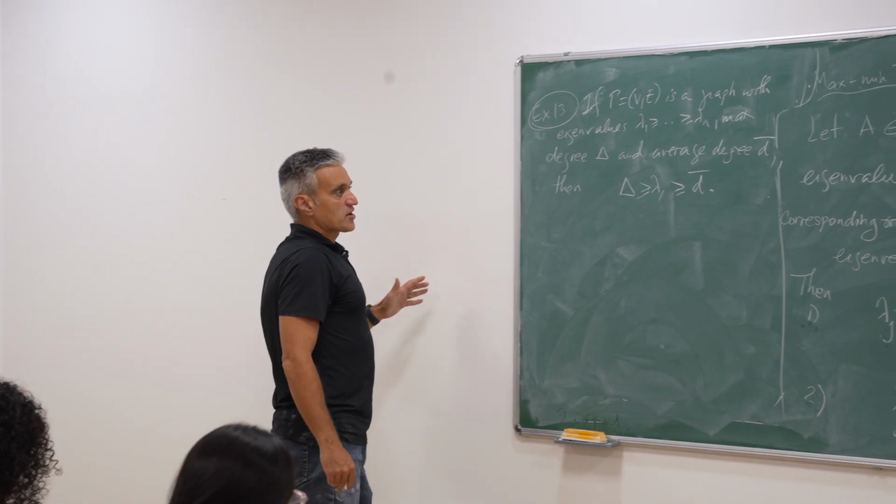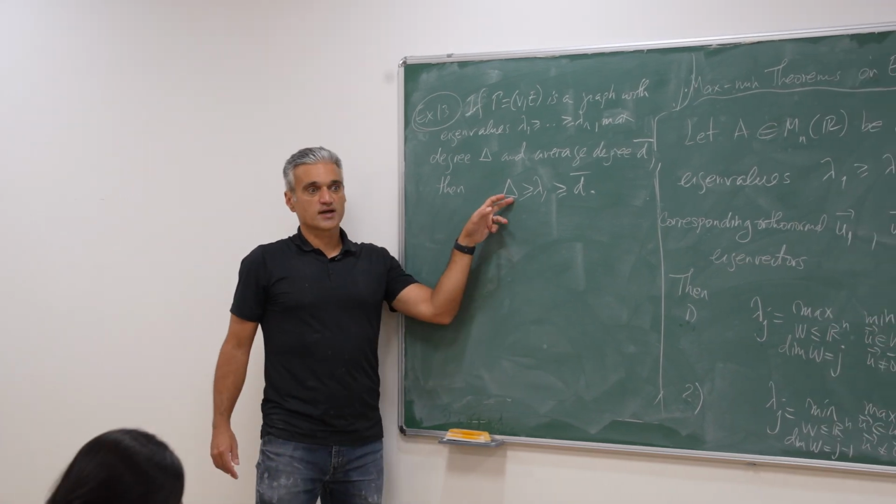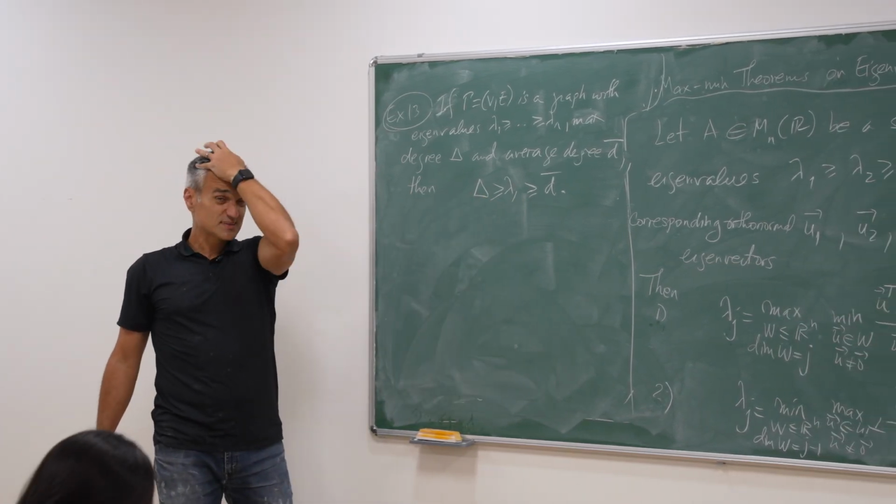So the largest eigenvalue of a graph is always between the average degree and the maximum degree.